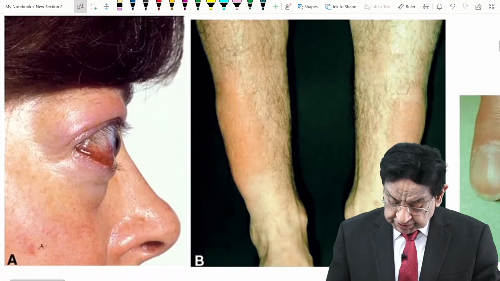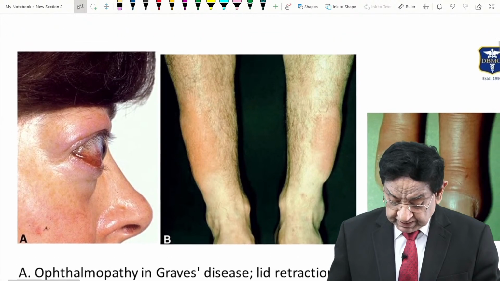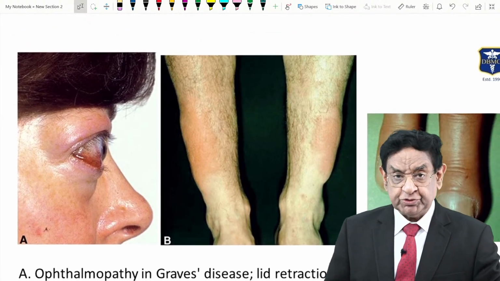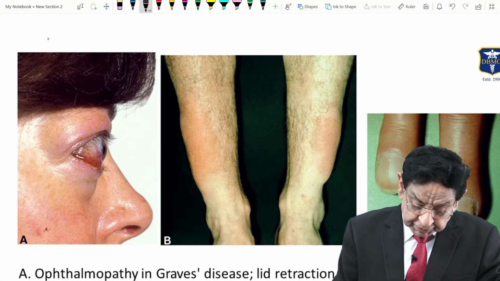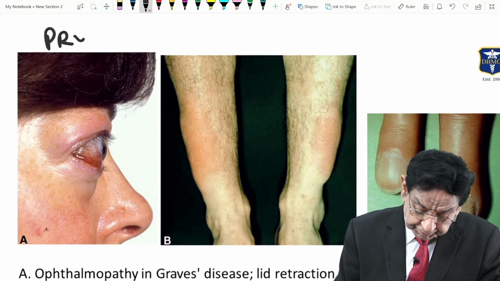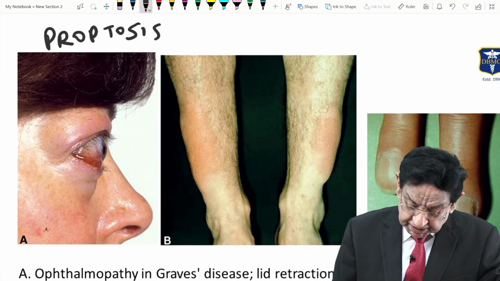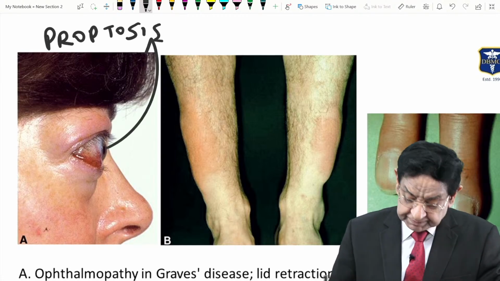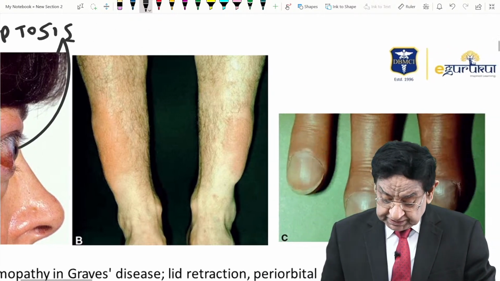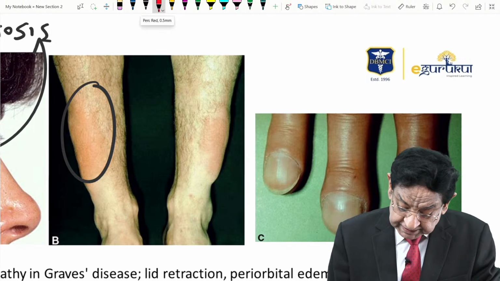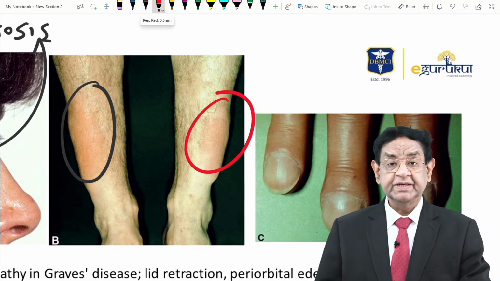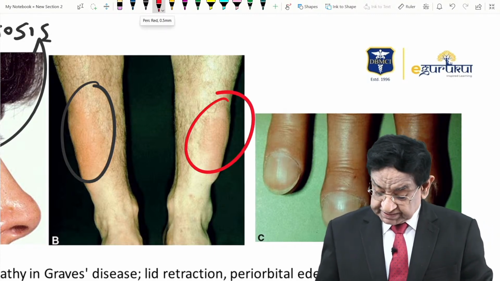Now let me show you some pictures. I'll be showing you a lot of pictures also. You can see this is proptosis, bulging of the eyes. This is pretibial myxedema, the point which I discussed in the previous slides, which we see in Graves disease.